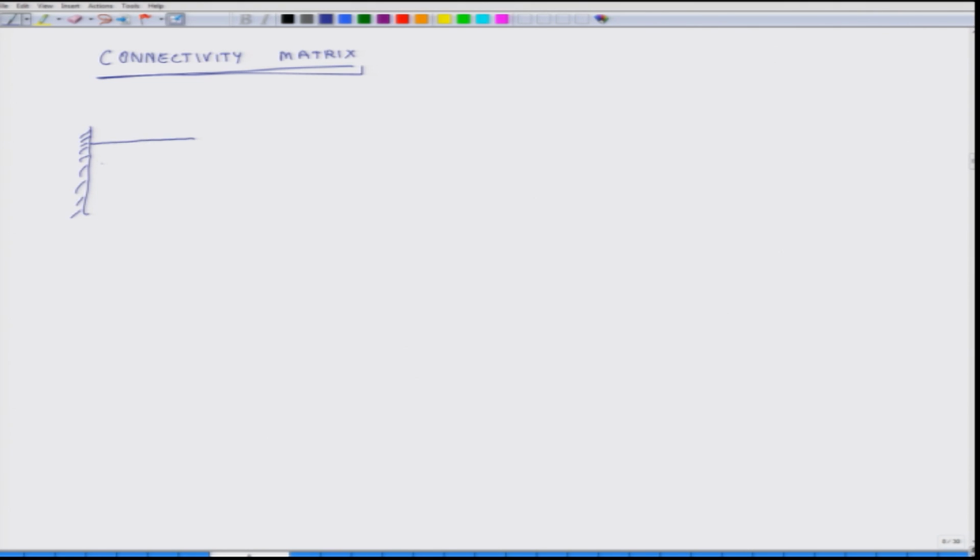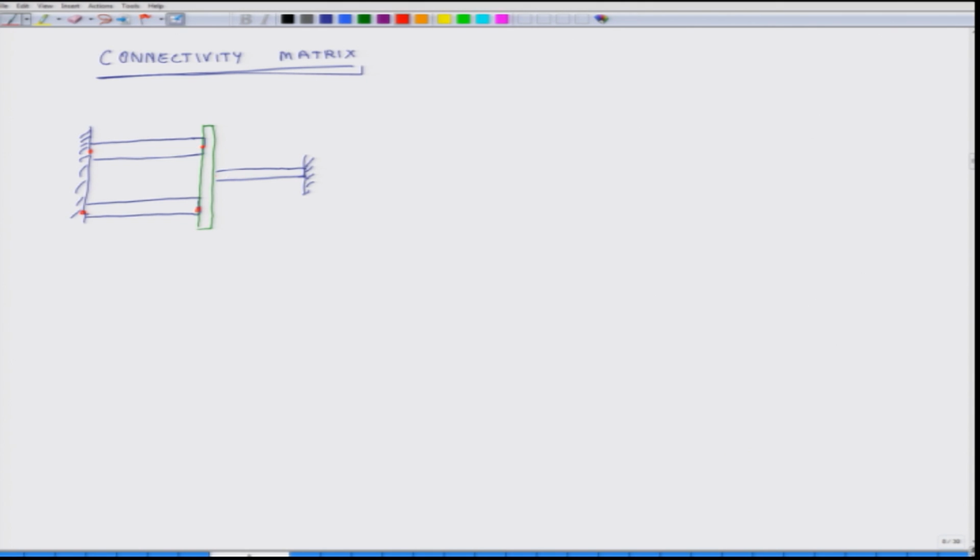I have 2 parallel bars connected by a rigid plate, and then I have another bar at the middle which is rigidly fixed, and I had assigned some nodes.